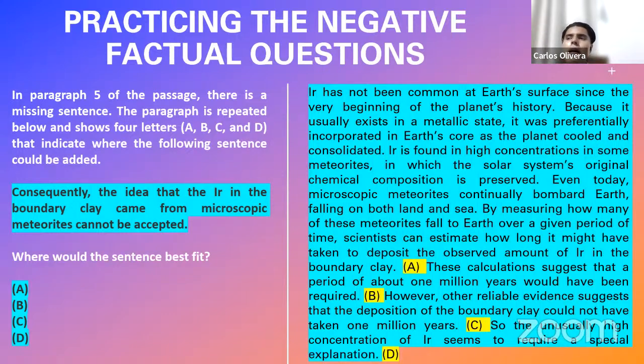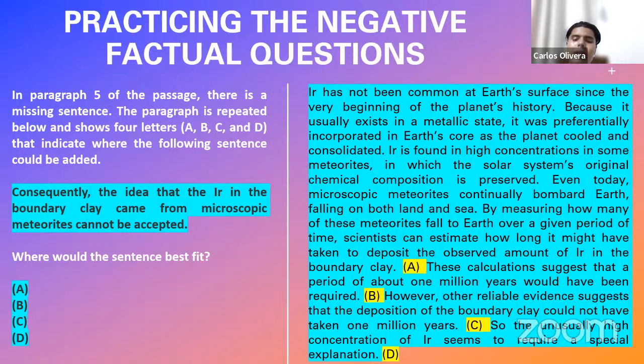And they say, by measuring how many of these meteorites fell down, or in how much time they fell down and filled our planet with this element, then we can understand other phenomena and other particular information, okay? And they say, well, we've made our calculations and we think that it must have taken 1 million years for this iridium, or excuse me, for these meteorites to fall down to Earth and to fill our planet with this element. That's what they say, right?